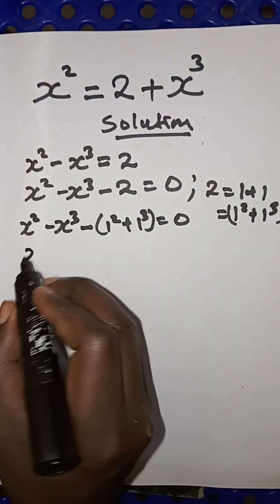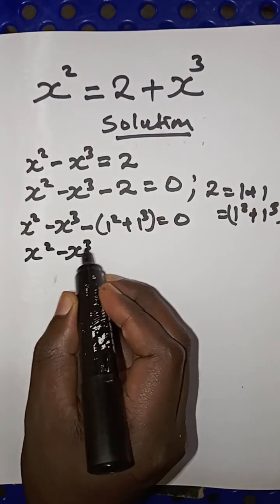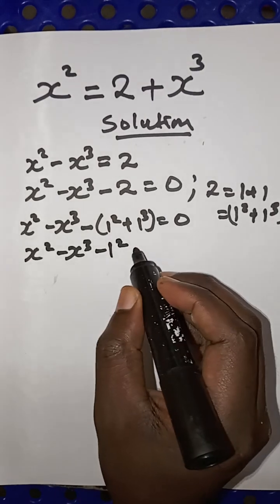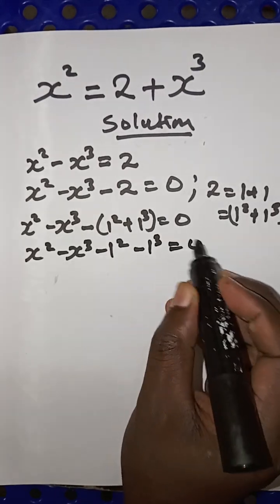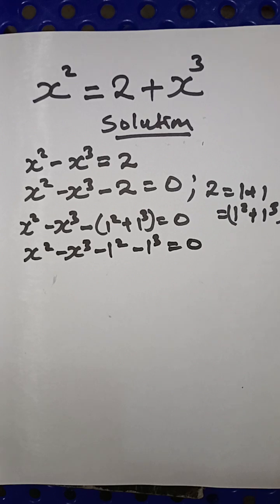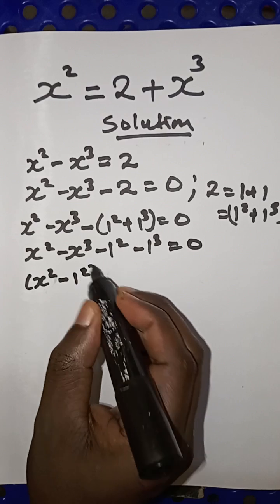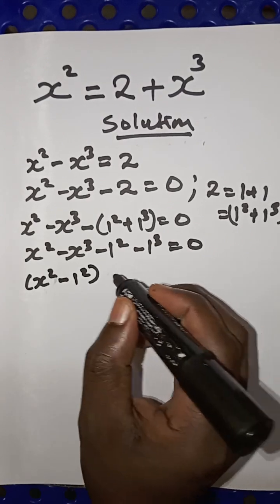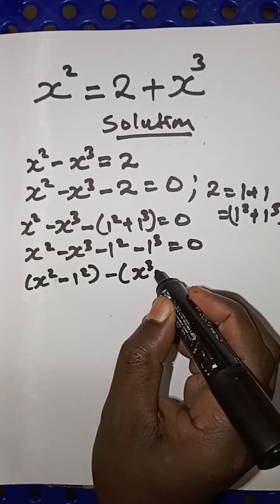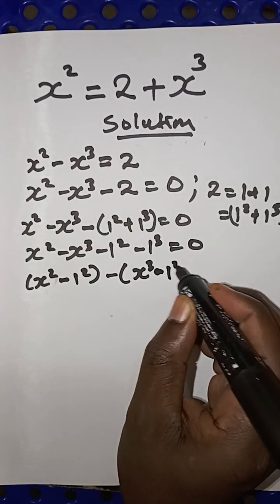Opening this bracket, I'm going to have x squared minus x cubed minus 1 squared minus 1 cubed equals 0. Then I'm going to collect x squared and 1 squared together, and then x cubed and 1 cubed together.